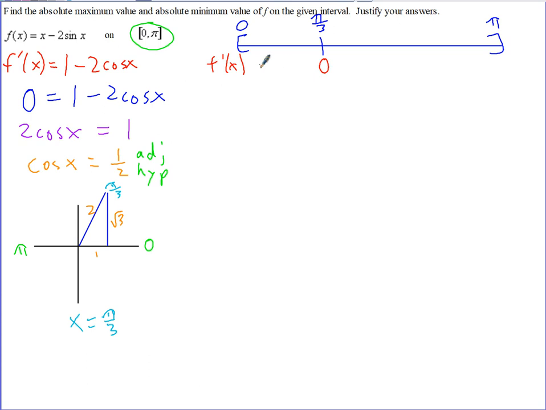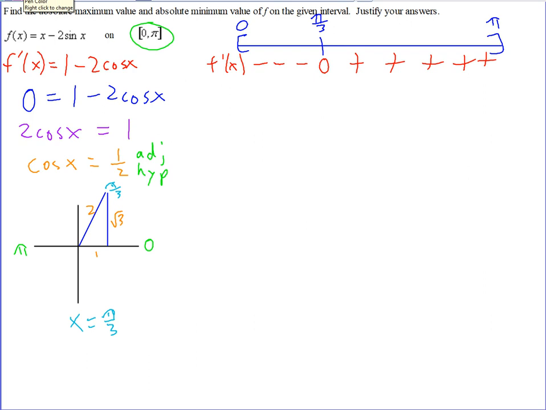Here you could actually test 0 in the derivative. Make sure you don't test it in the original function, but in the first derivative itself. Cosine of 0 is 1, so that would be 1 minus 2, which would be negative. Okay, you could test pi. Cosine of pi is negative 1, that would make that a plus 2. And plus 2 is positive. So this time it's a little simpler.